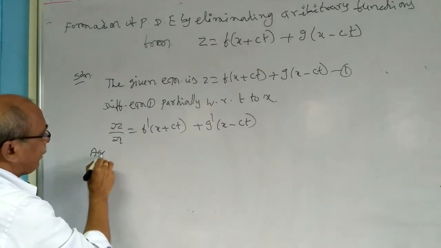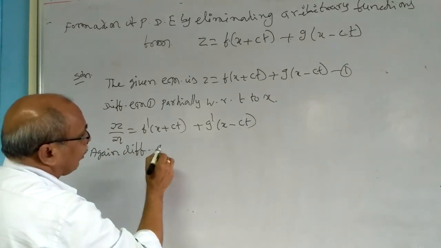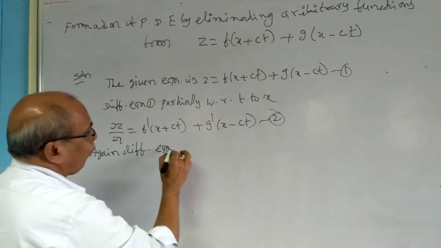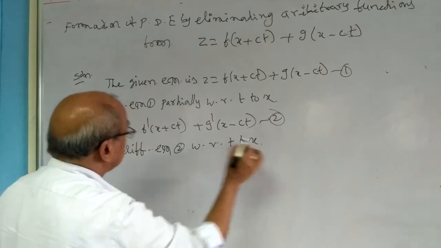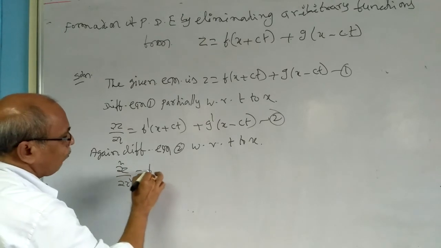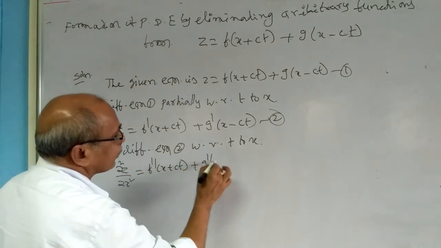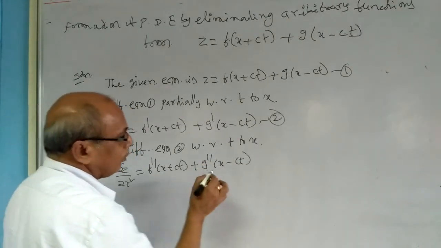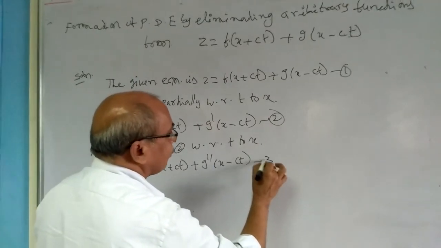Again differentiating equation 2 with respect to x, that is dou square z by dou x square is equal to f double dash x plus ct plus g double dash x minus ct. So differential of x plus ct with respect to x is 1, differential of x minus ct with respect to x is 1. So that is equation number 3.